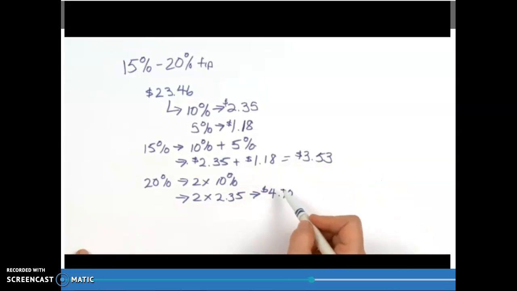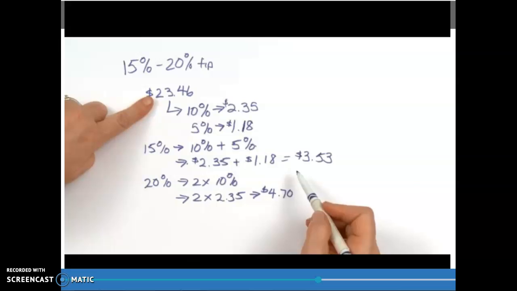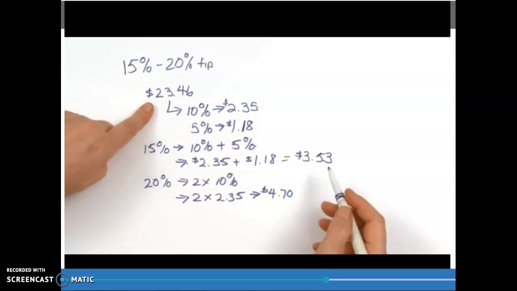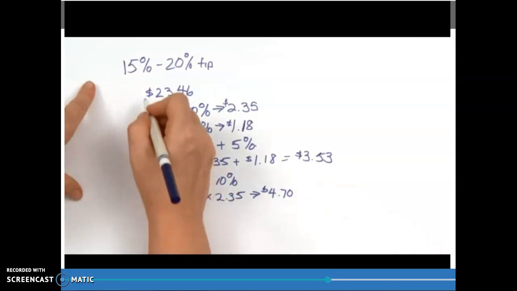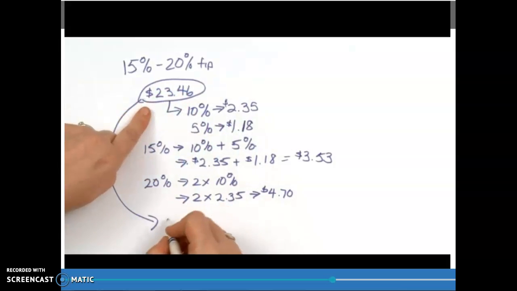So as I look at these two amounts, I'm looking at two amounts that really aren't very easy to add to $23.46. So what I would likely do is to take a number that is close to that. So I might say my total for the restaurant bill is like $23.50.